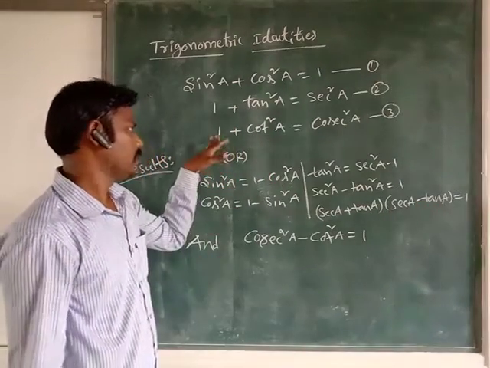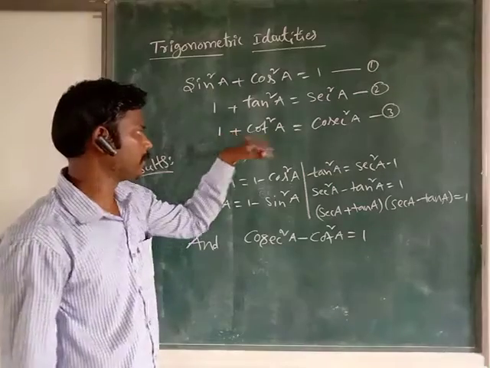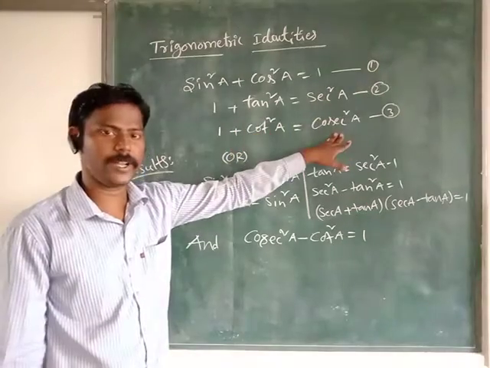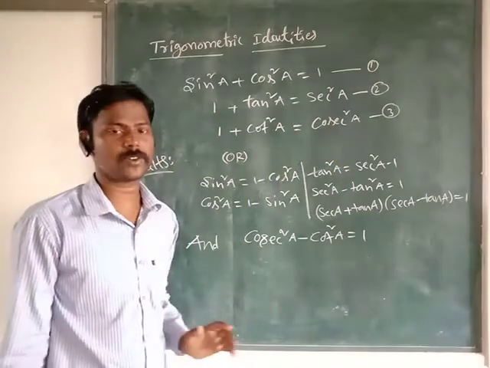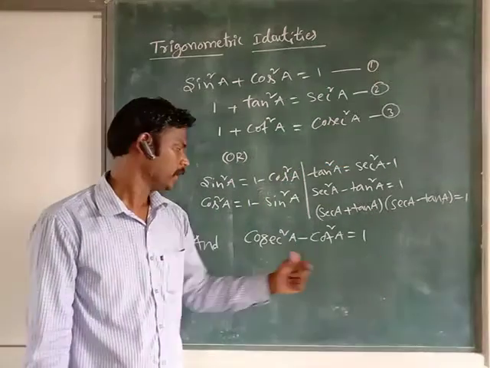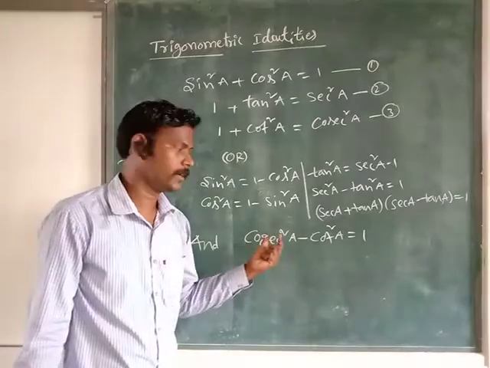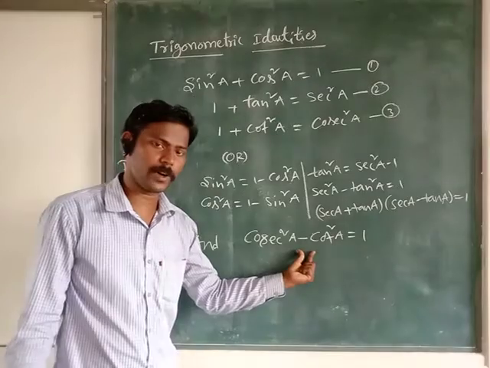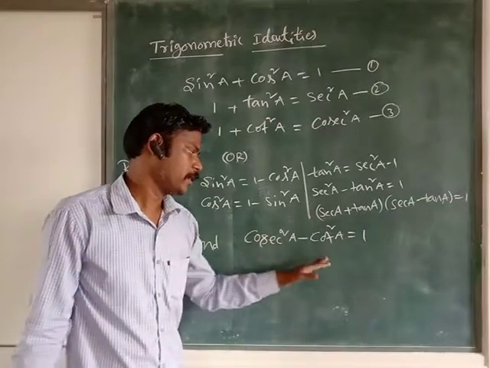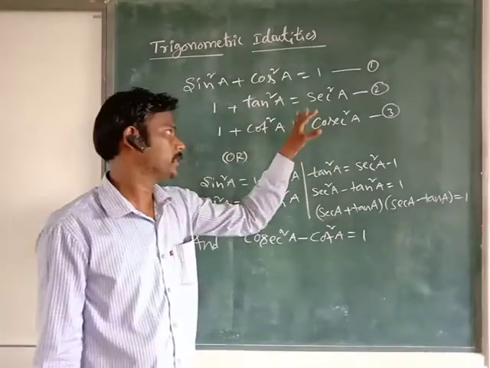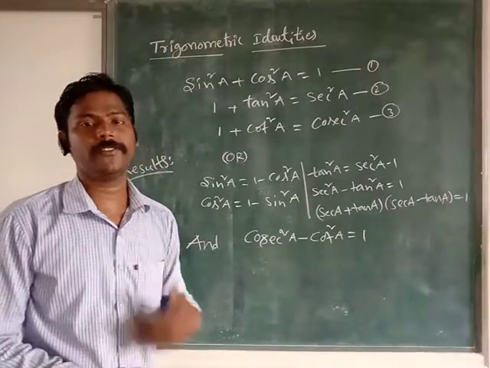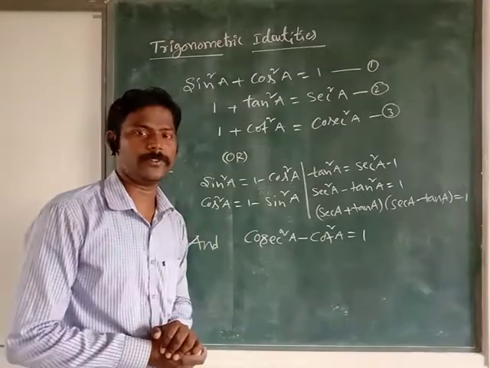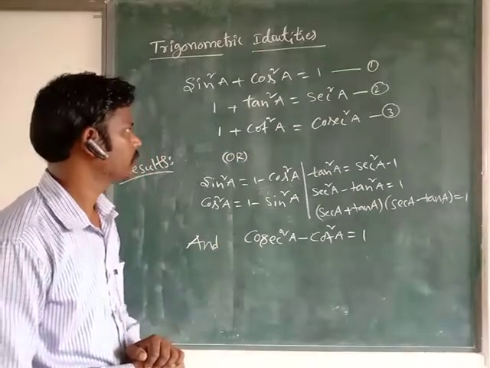Next, the third identity result: 1 plus cot square A equals cosecant square A. So cosecant square A minus cot square A equals 1. Again, you can apply the a square minus b square formula: (cosecant A plus cot A)(cosecant A minus cot A) equal to 1. You can use these for the given problems. Please note it down very carefully, children.